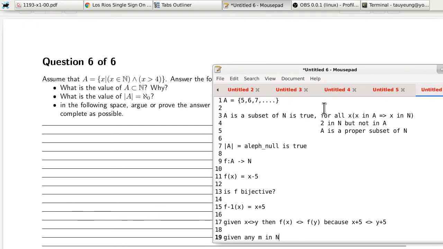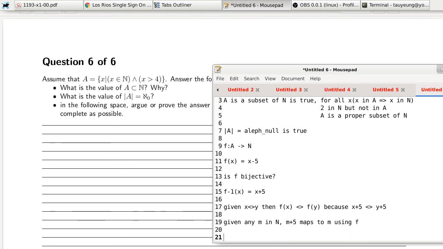So given any m in N, m plus 5 maps to m using f. That makes it surjective. So now that we know it is injective and also surjective, we know that f is bijective.